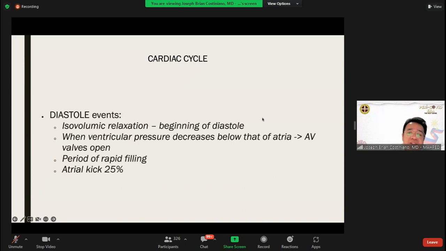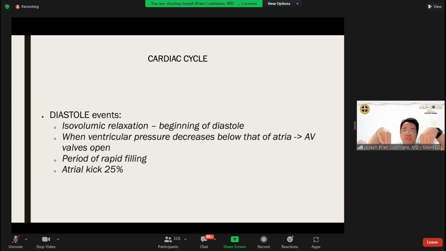Okay, so what are the different diastole events, no? Kasi usual question yan eh. Which of the following events occur during diastole? Which of the following events are seen in conjunction with diastole? So it is actually isovolumic relaxation. And then when ventricular pressure decreases below that of your atria, your AV valves will then begin to open.